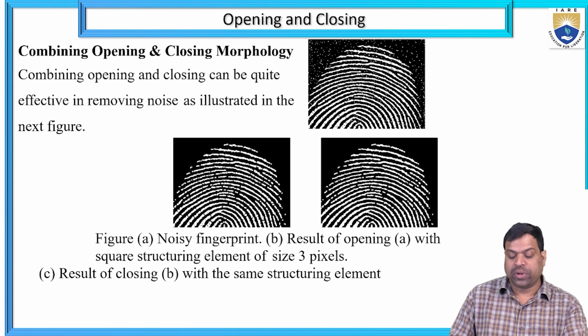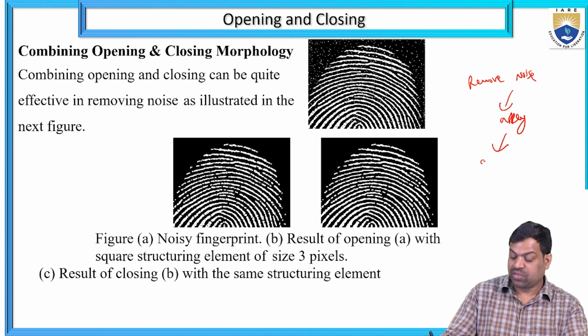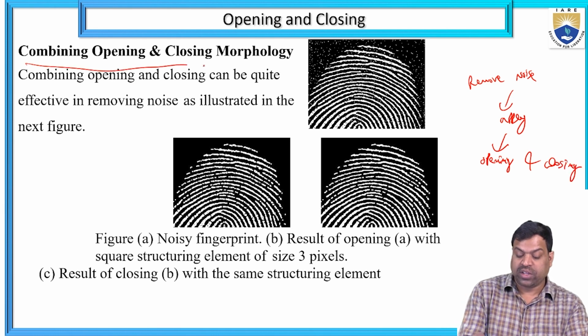Combining opening and closing can be quite effective in removing noise. Okay, so what does removing the noise mean? We are applying opening and closing. Combining opening and closing can be quite effective in removing noise, as illustrated.